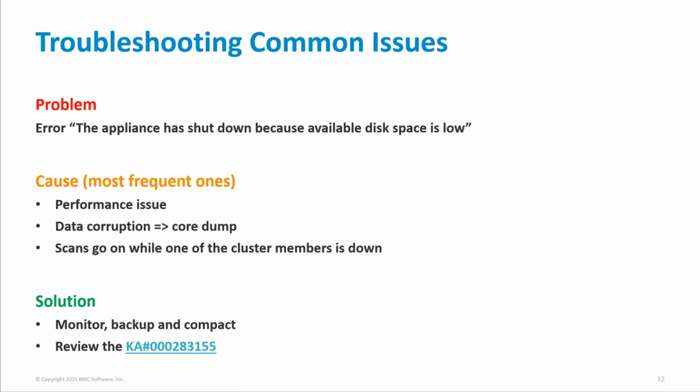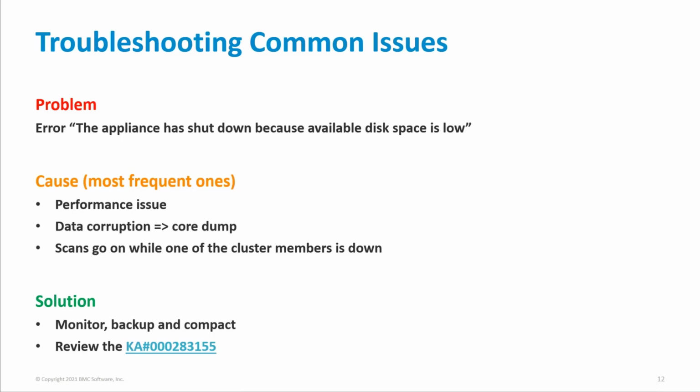Once again, there are a lot of things that can cause this issue, but the most frequent ones are, first of all, the performance issue. That's the issue that we've just reviewed in the previous slide. Because again, when there is a performance issue, it's going to lead the disk consumption to grow. And at the end, you could end up with this problem.